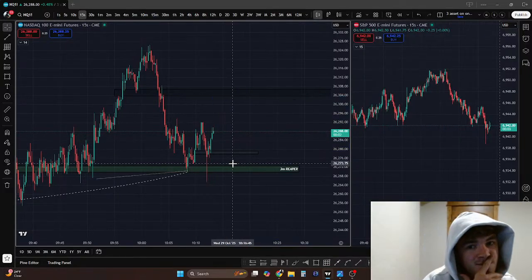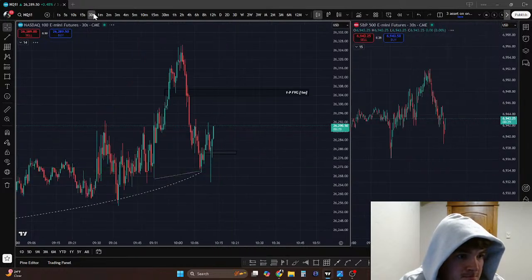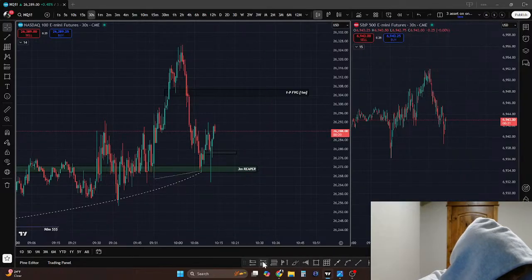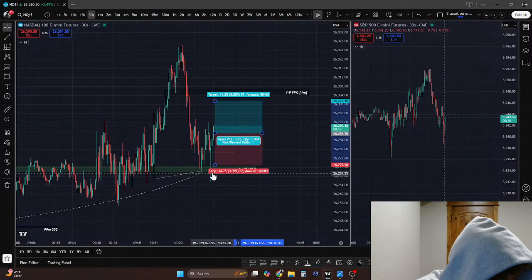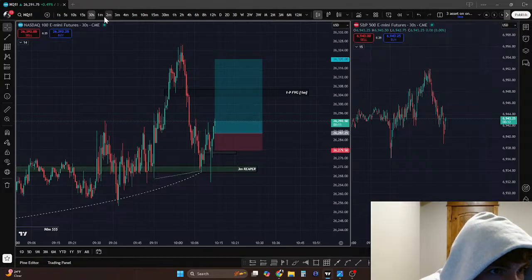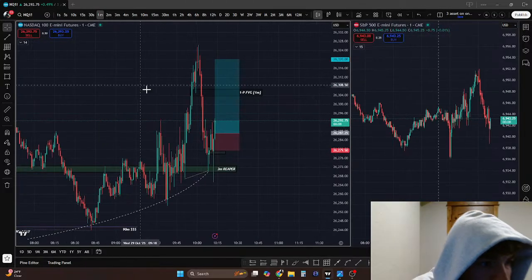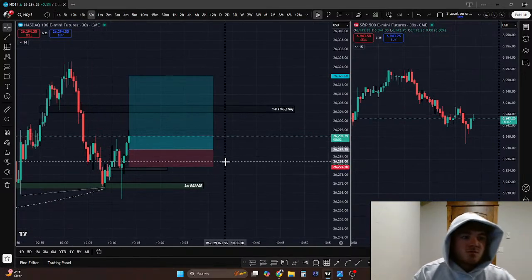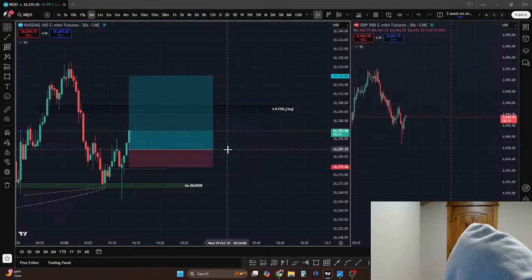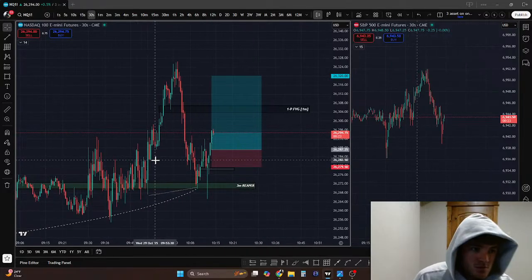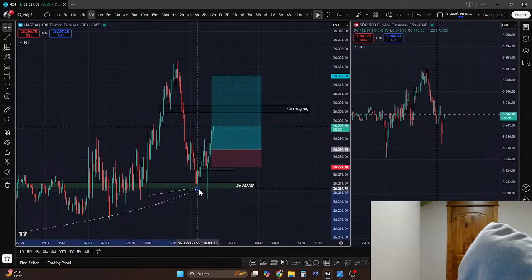Still not obvious enough. Okay, that 30-second looks good. So you see why I like Reaper gaps?